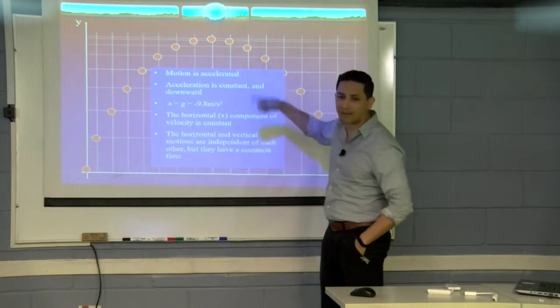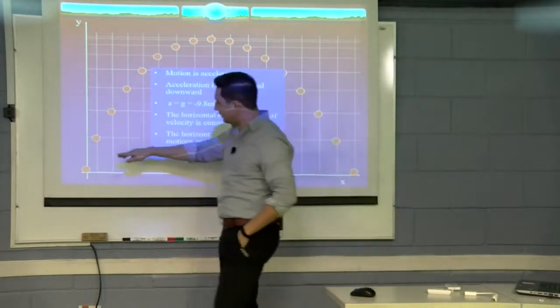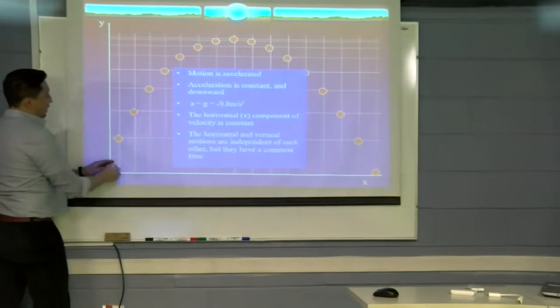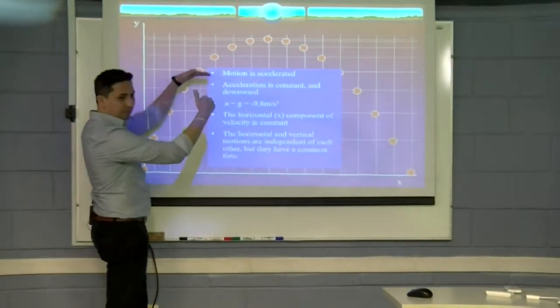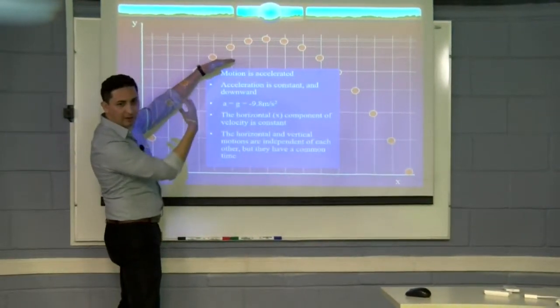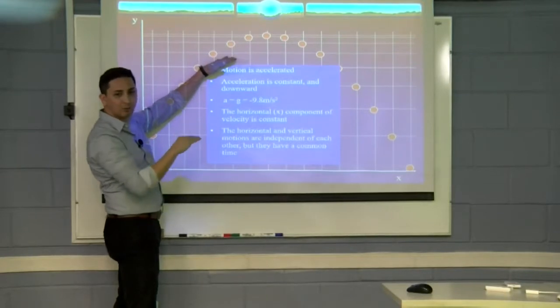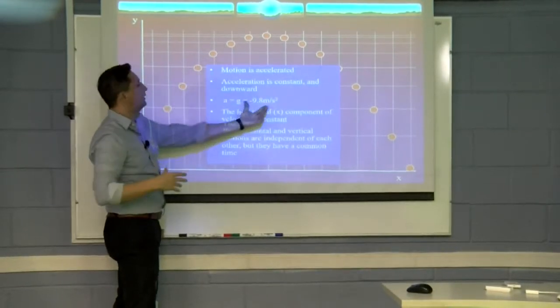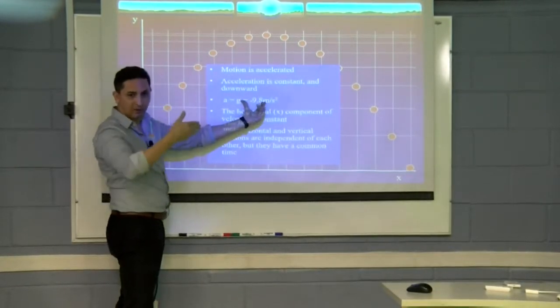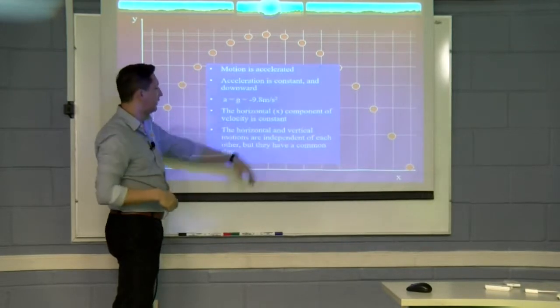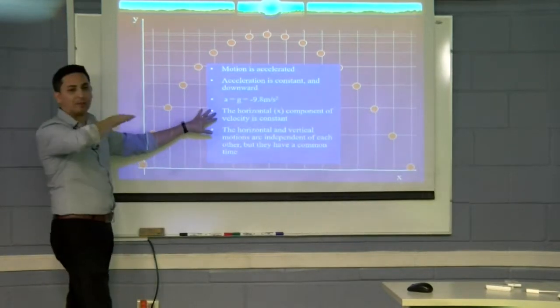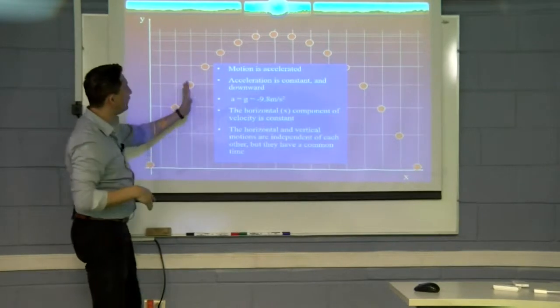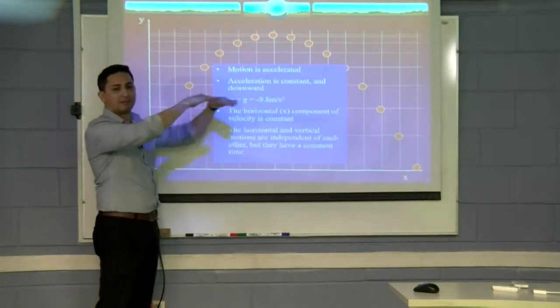Talking about the y-axis, as you can see, each time you are moving up, gravity is trying to pull the object down in a constant way, with one number, minus 9.8. Constant, negative, right?